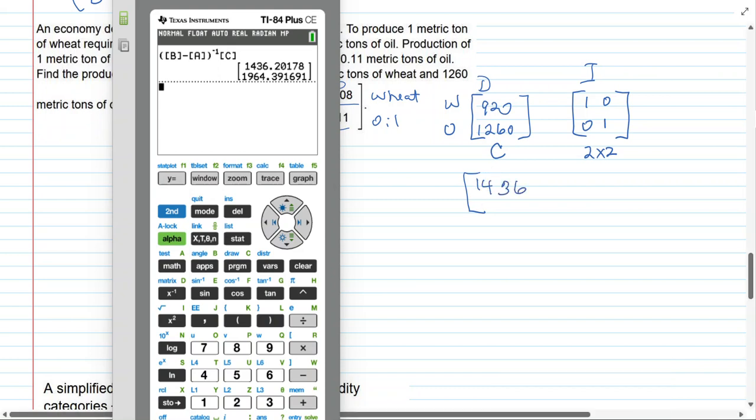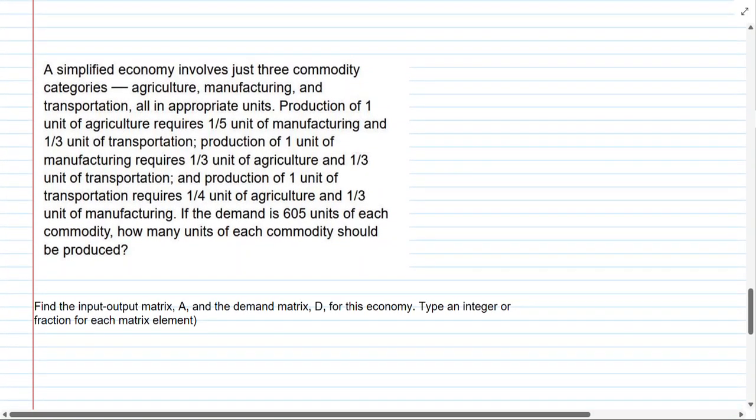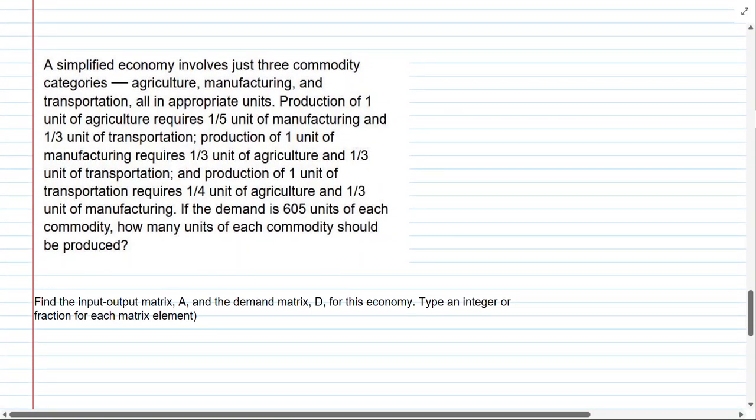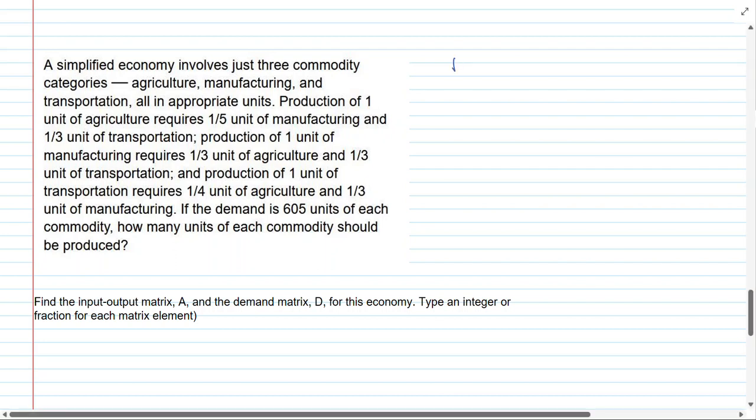All right. Now we're at our big problem, and this one has reading and reconstruct. So a simplified economy involves 3 commodities.